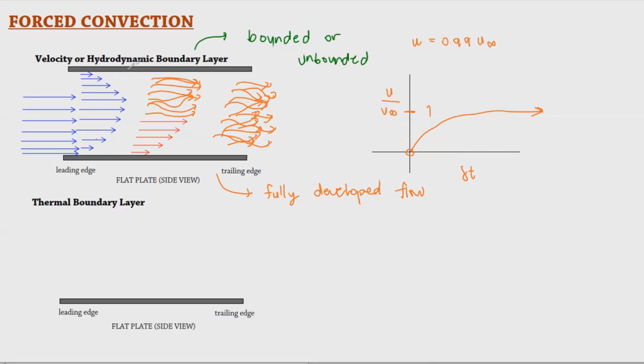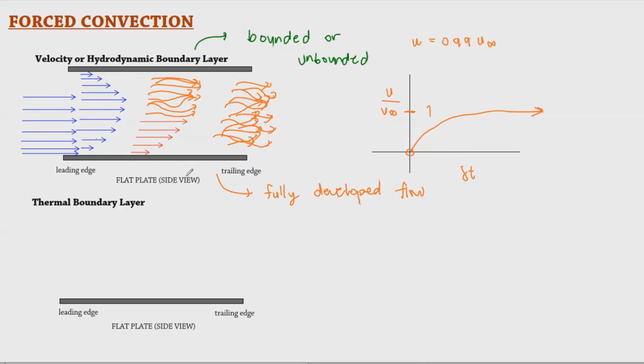So there exists a velocity boundary layer whenever there's a boundary. That's a fact. Whenever any fluid passes through any kind of surface, whether external or internal, it will always have this hydrodynamic boundary layer.